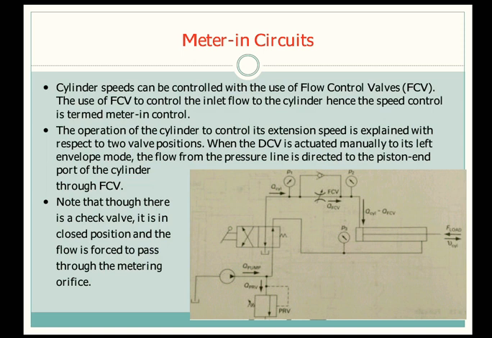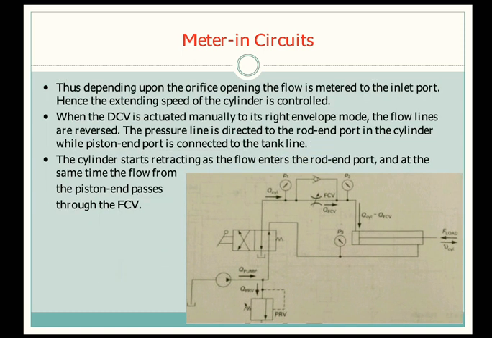The check valve will not allow fluid to pass in this direction, so the fluid has to pass only through the FCV, the flow control valve, and in the flow control valve the amount of fluid to be passed is already set, and thus we are controlling the flow of the fluid to extend the cylinder. That is called meter in.